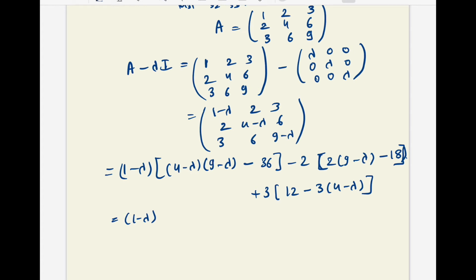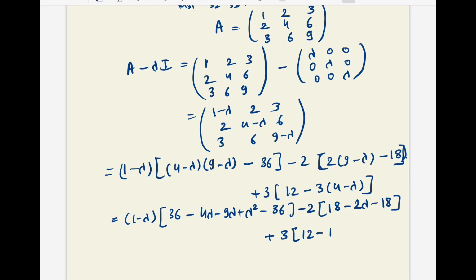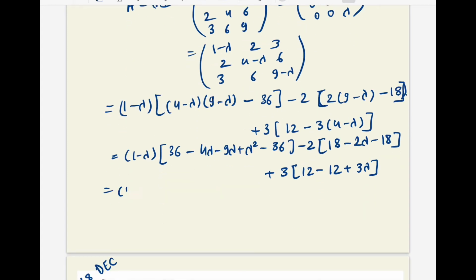This becomes 1 minus lambda times (9 plus 36 minus 4 lambda minus 9 lambda plus lambda square minus 36), minus 2 times (18 minus 2 lambda minus 18), plus 3 times (12 minus 12 plus 3 lambda). This becomes 1 minus lambda times (36 cancels, lambda square minus 13 lambda), then 18 cancels, plus 4 lambda, 12 cancels. This becomes 9 lambda, which must be equal to 0.